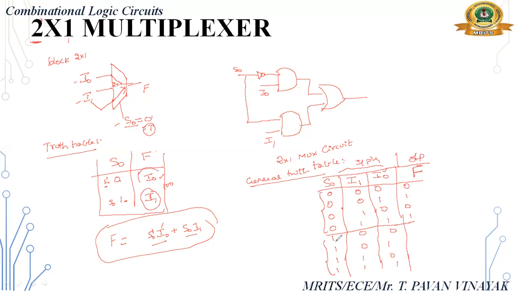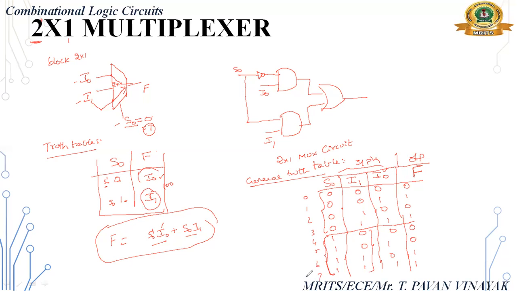So here all our S naughts are equal to 1. Then output is I1. So these values come here. So 0, 0, 1, 1. Right? So index values are what? 0, 1, 2, 3, 4, 5, 6, 7.